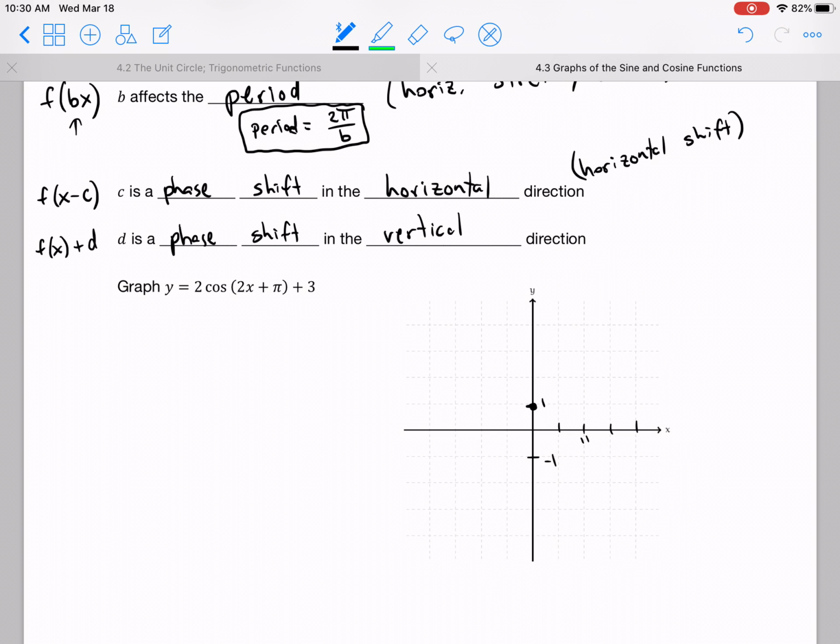So this will be pi, this will be 2 pi, this will be -pi, this will be -2 pi, like that. And then our function goes up and down between 1 and -1 every 2 pi. So what's going to happen is it's going to go down just like that.